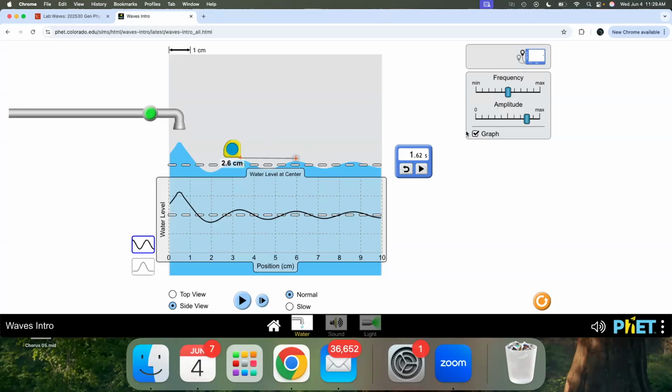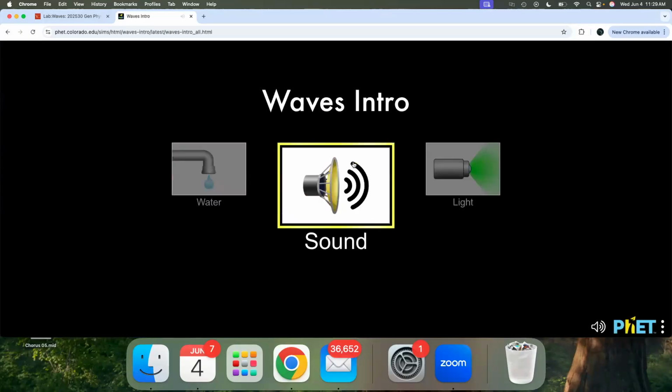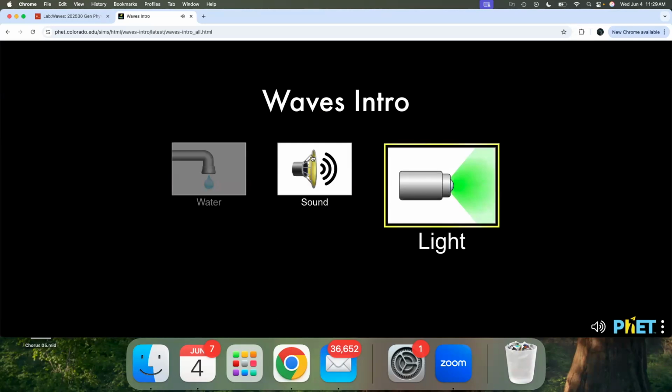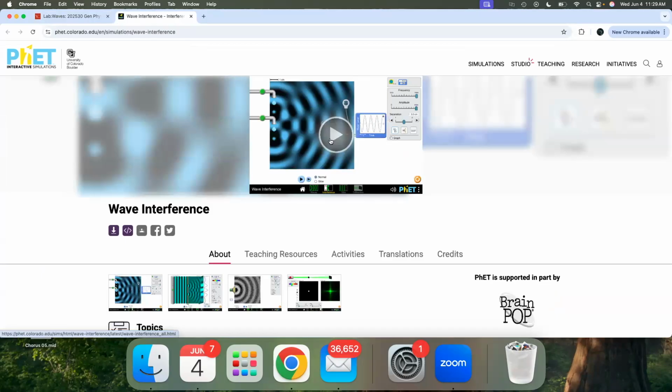Just using the terminology from this week, take some screenshots, play around, write some text. If we start over, we could do the same thing with sound. We could do the same thing with light. So that's that applet. Then we've got wave interference.